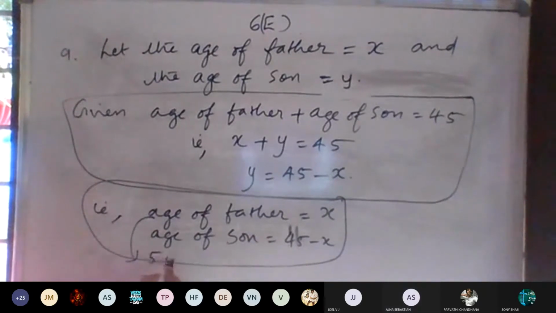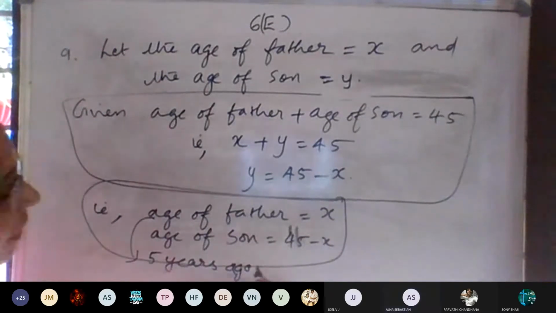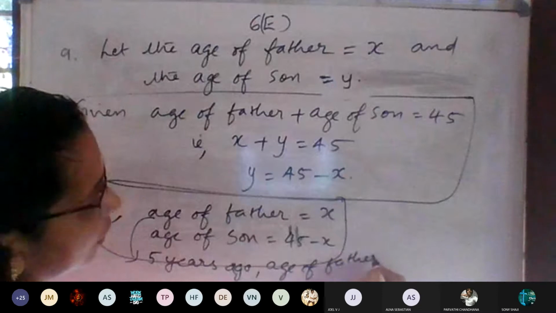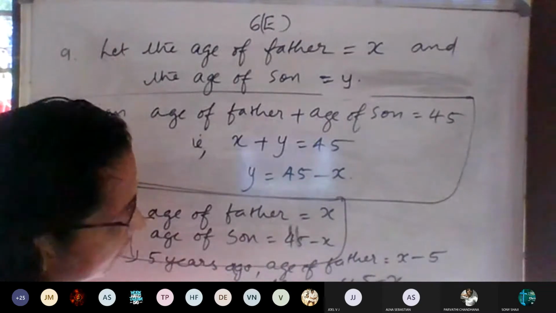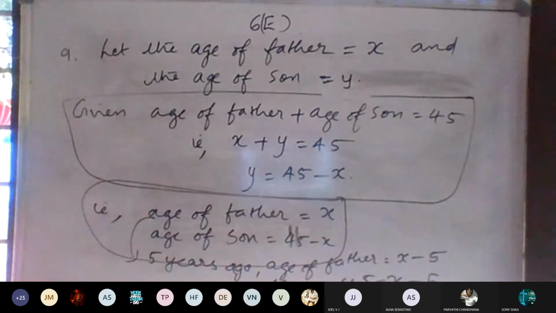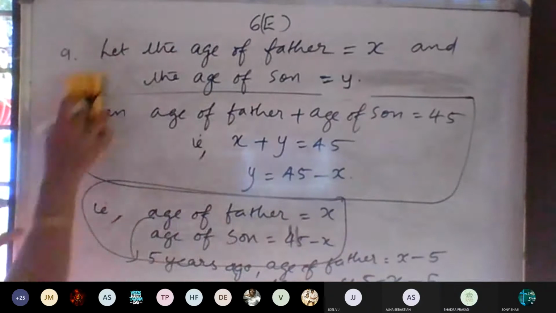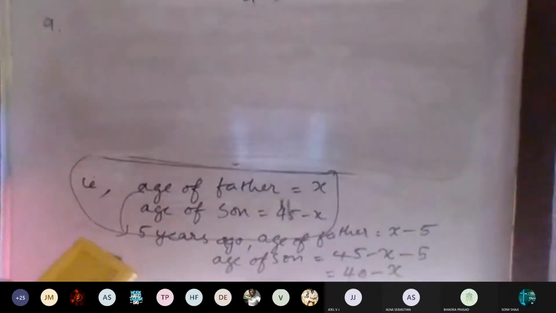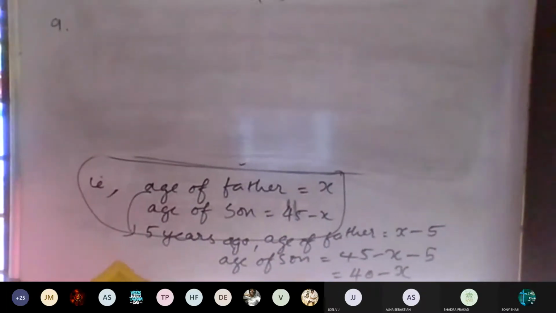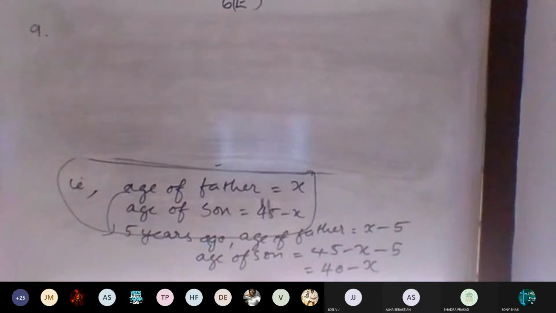Then 5 years ago, age of father is equal to x minus 5 and age of son is equal to 45 minus x, then minus 5. That is 40 minus x.